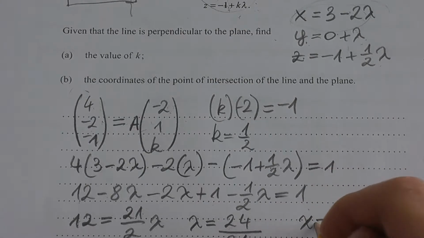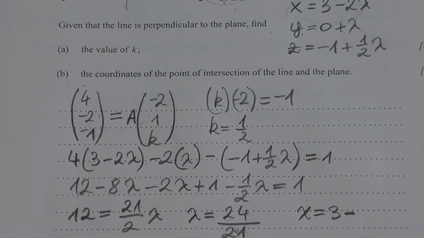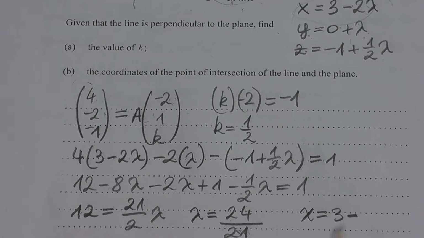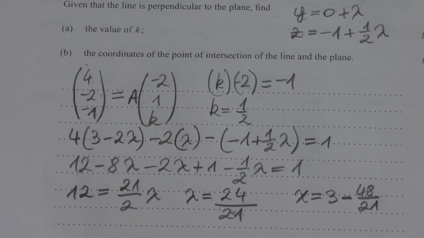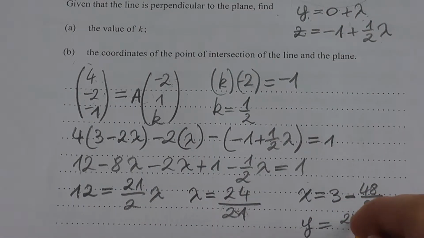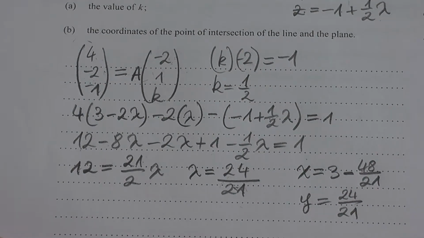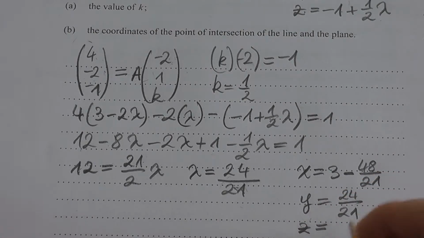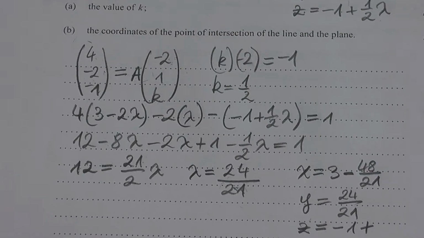X is then equal to 3 minus 2 times 24 over 21, which gives us 48 over 21. And then for y, we get that y is simply equal to lambda. So y is equal to 24 over 21. And for z, we get z is equal to minus 1 plus a half lambda, and a half lambda is 12 over 21.